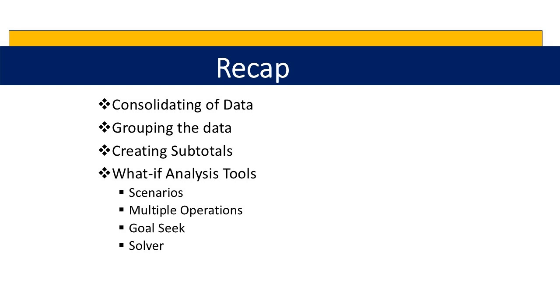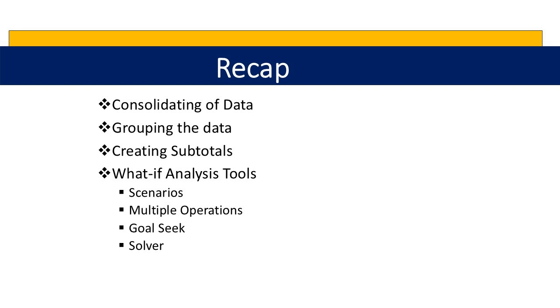With this, we come to the end of this unit. Just a quick recap. We discussed consolidation of data, that is, how data can be consolidated from multiple sources into one file. Then we saw grouping of data. Grouping means you can make groups of data and perform some operations on them. Subtotals, to calculate either the average, sum, all of that we saw there.